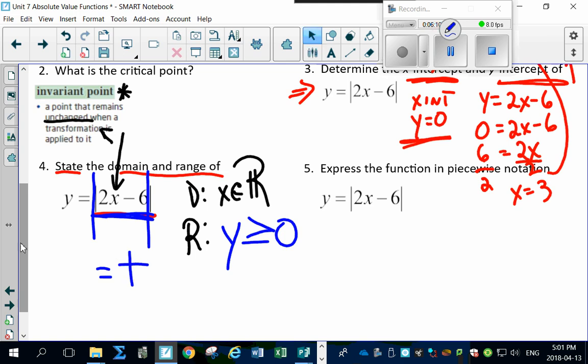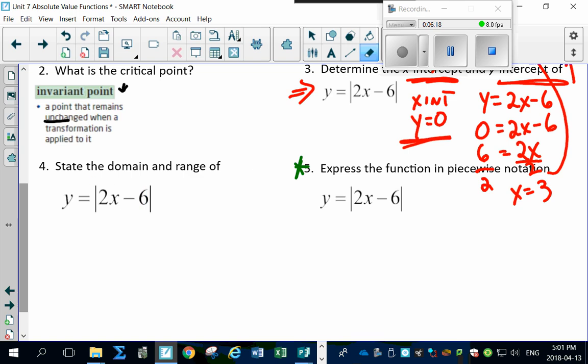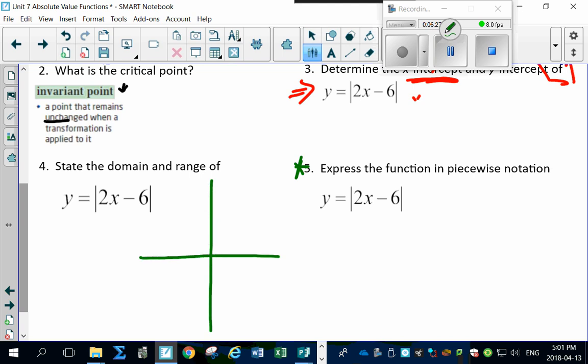Nice. Now, let's do the piecewise notation for this. Now, wait a second. Let me clear this up a little bit. Let's clean it up. Okay, perfect. Now, I'm going to do a quick sketch of this graph again. Remember, we had some critical points. We had this 3 here, which was our critical point, which meant our graph kind of looked like this.